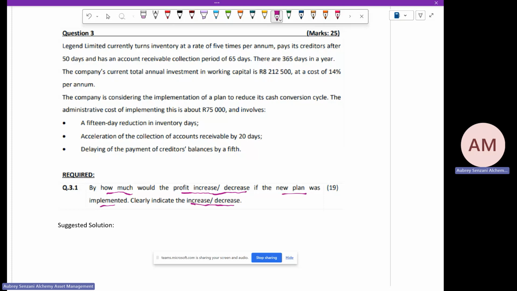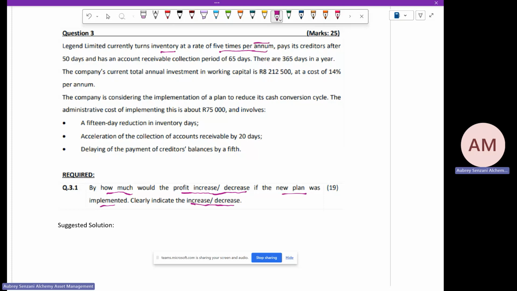So again, we're doing a comparison of the new plan versus what? The current status quo. In other words, the current state of affairs, or the current situation that we find ourselves in. It says Legal Limited currently turns inventory at a rate of 5 times per annum.